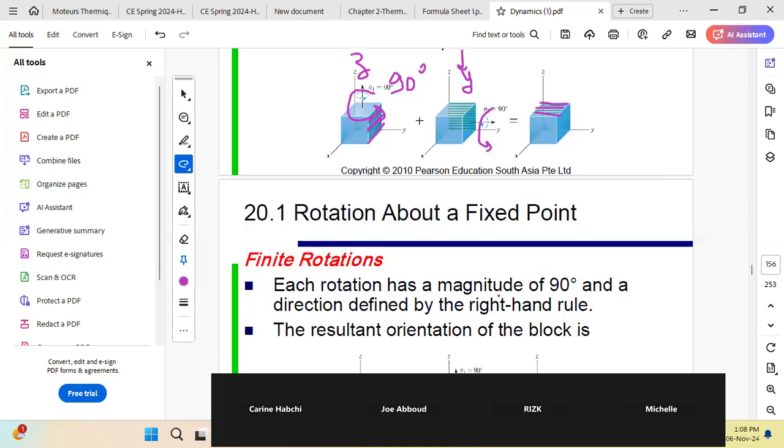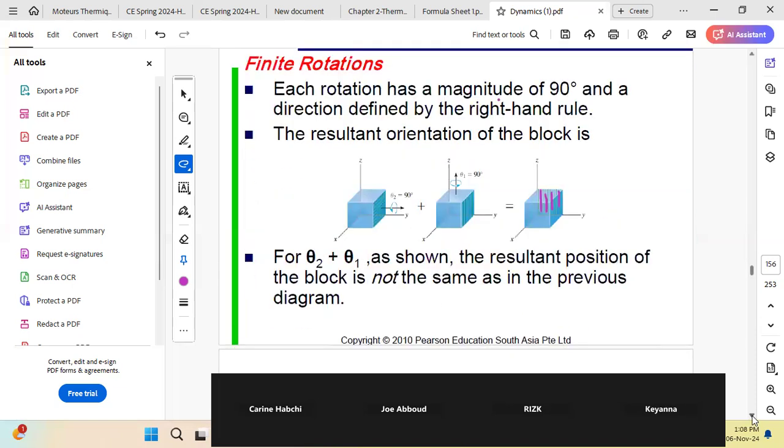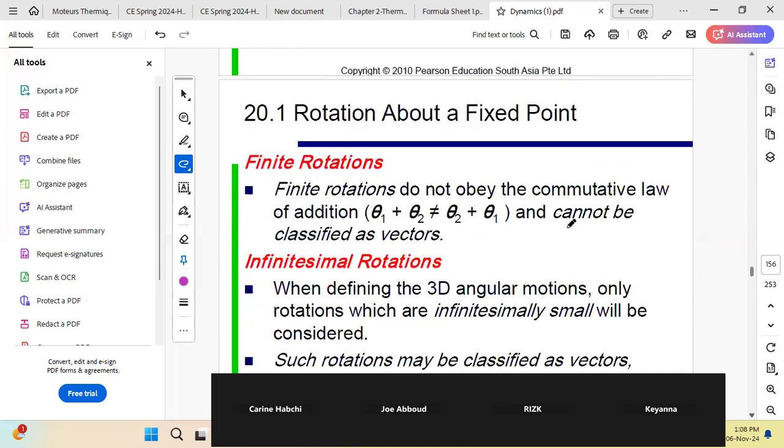While if I take elementary rotations, meaning I want to rotate a very small, infinitesimal angle d theta 1, then d theta 2, when I do analysis in infinitesimal rotations, I can say that d theta 1 plus d theta 2 is equal to d theta 2 plus d theta 1.